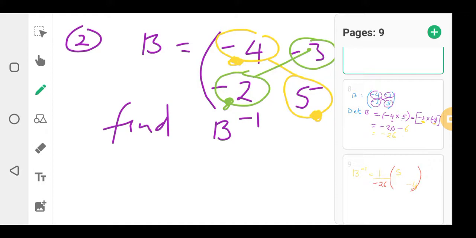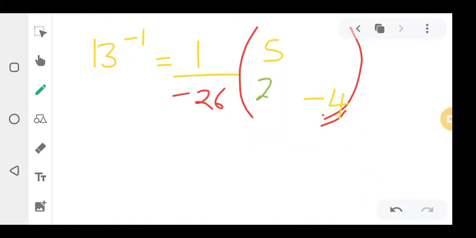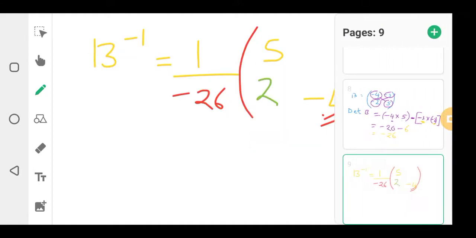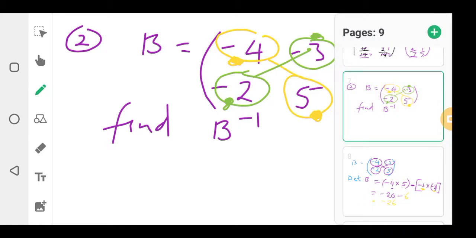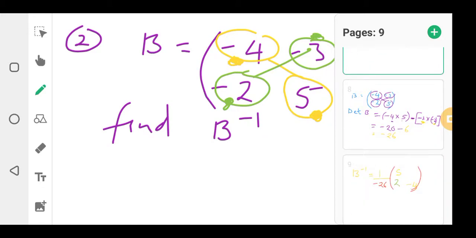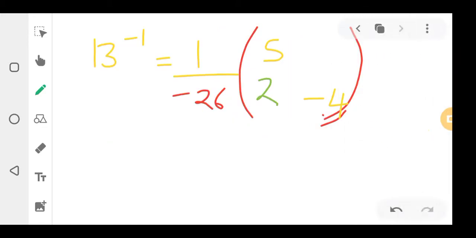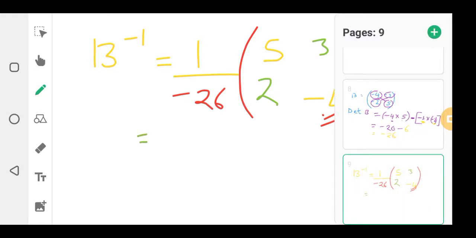And the opposite of -3 is +3. Those ones reverse their signs. Then I said that the negative multiplies with everything inside the brackets.